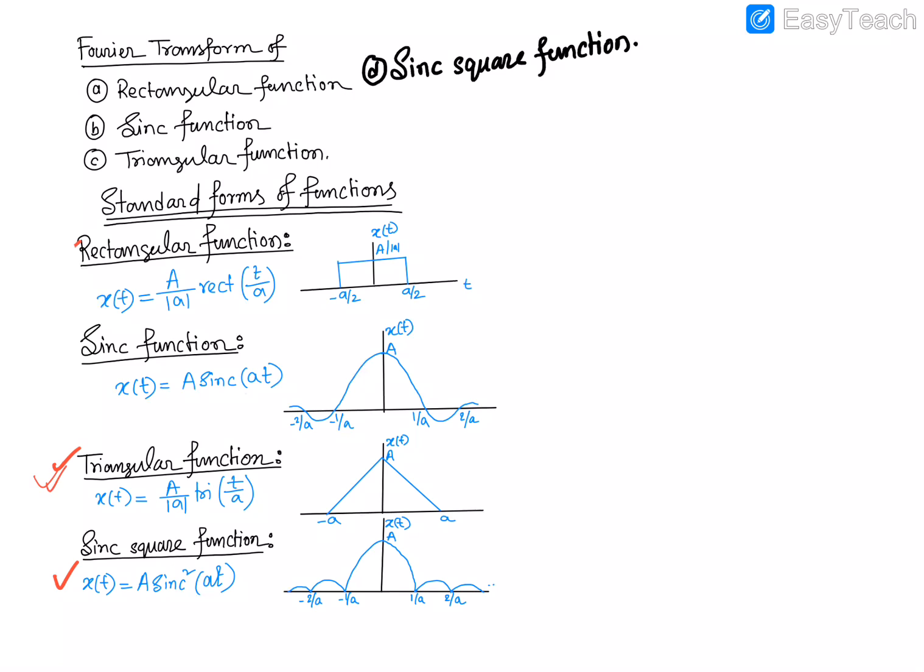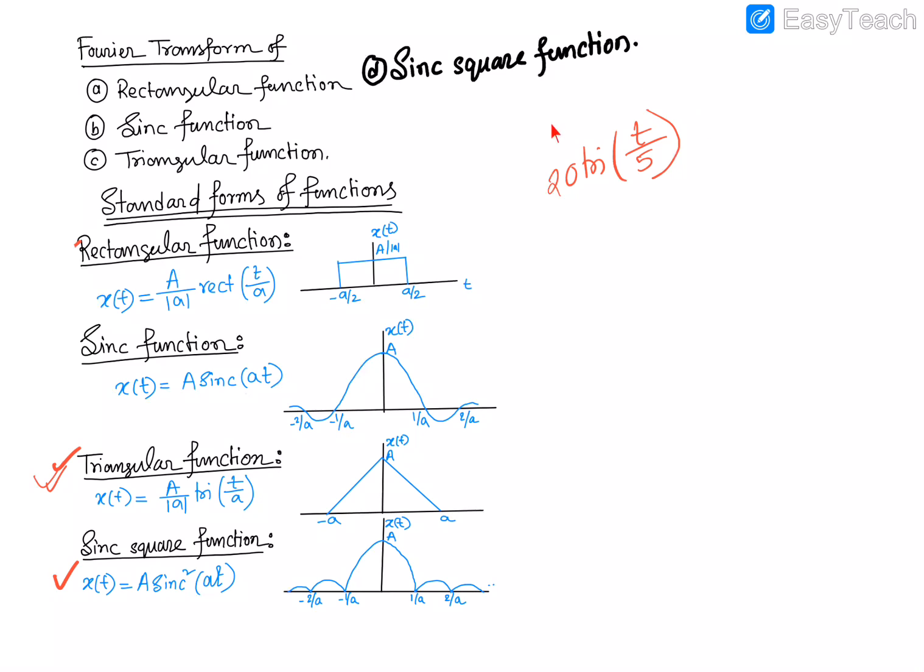Now suppose a triangular function is given, and we know that for triangular function the Fourier transform is sinc square function, and similarly for sinc square function the Fourier transform is triangular function. Suppose a function is given as say 20 triangular t by 5, right?